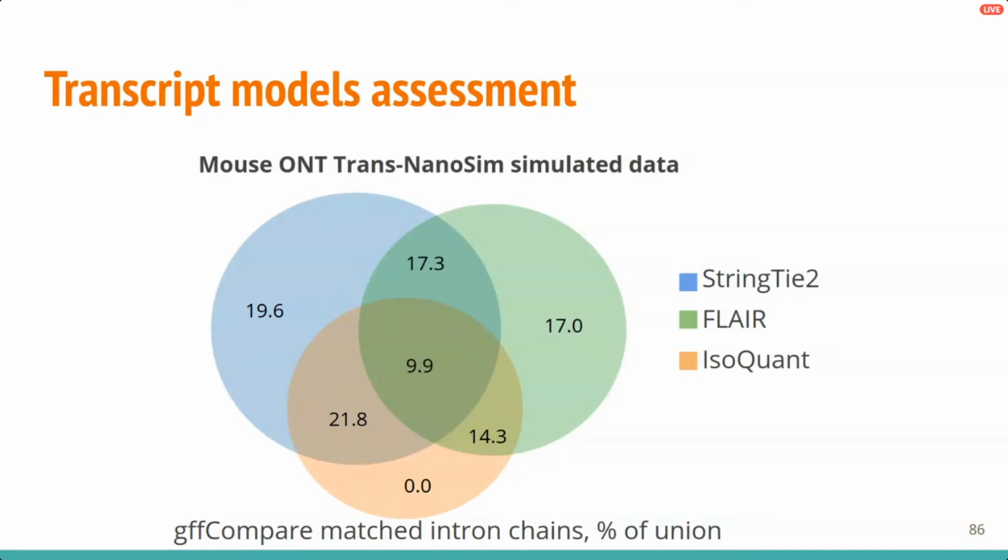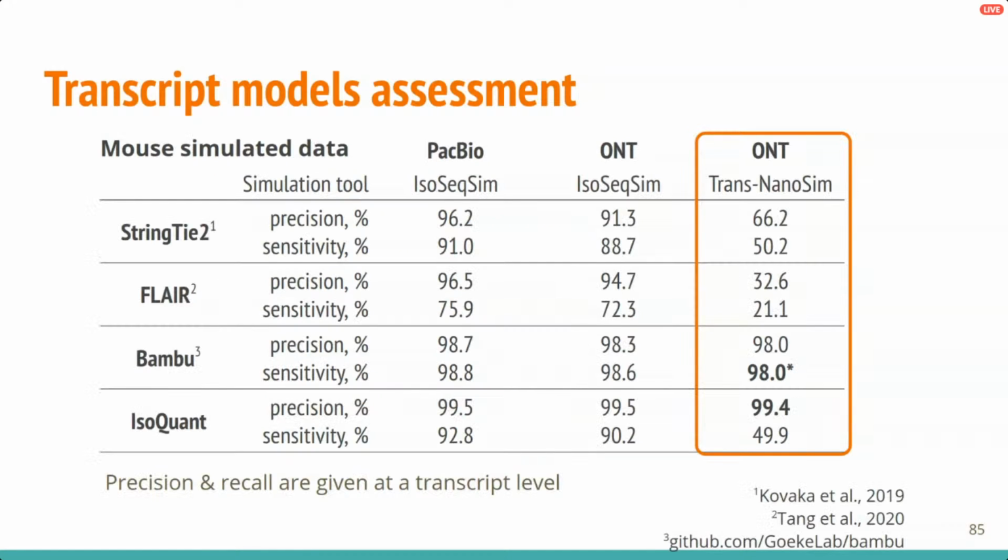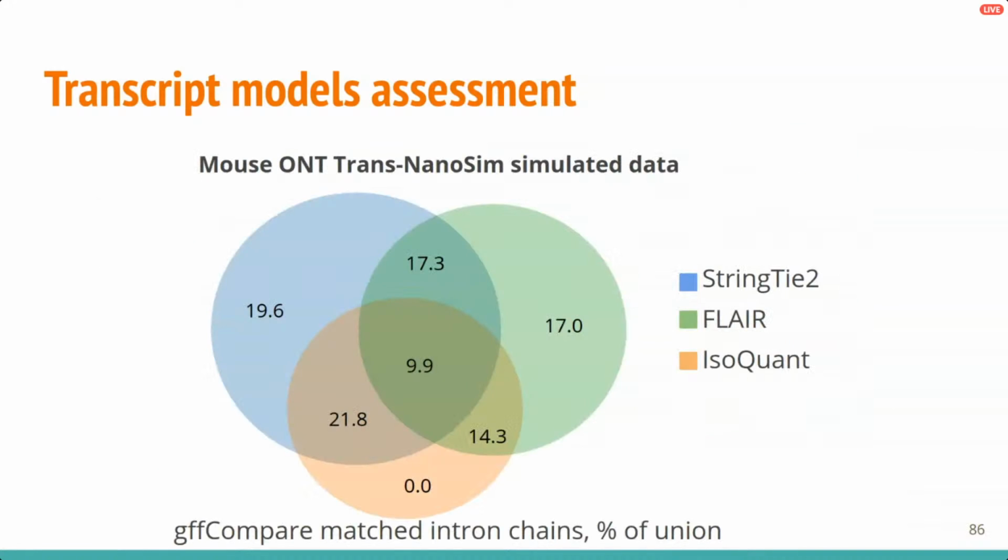What we are proud of is that we have no transcripts in our output which are not supported by any other tool. We don't have unique hits. And on simulated data, as you see, looking at this table and this graph, we can say that we don't have many false positives in comparison to StringTie2.